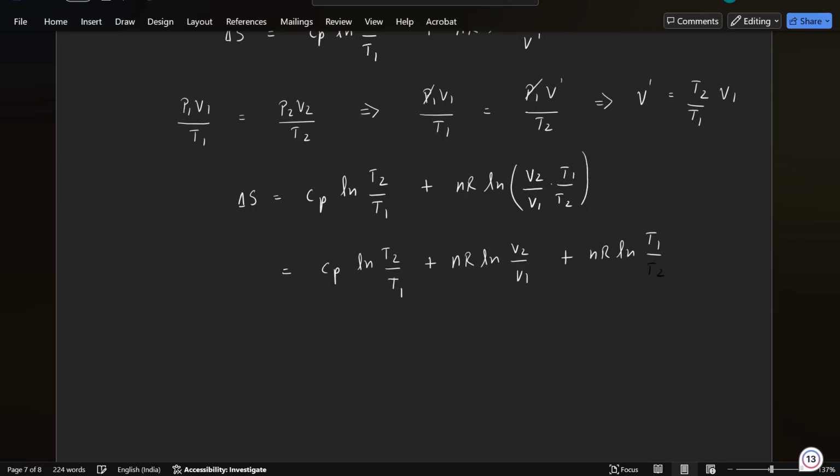Now T2 by T1 and T1 by T2 are there, so we'll make it negative. I'll take Cp minus nR, so ln T2 by T1 is common, plus nR ln V2 by V1.